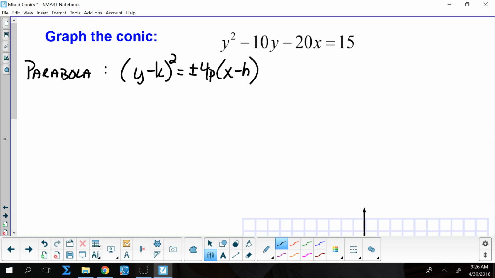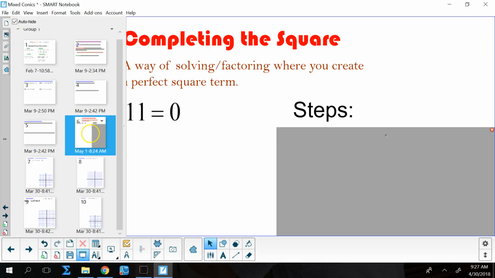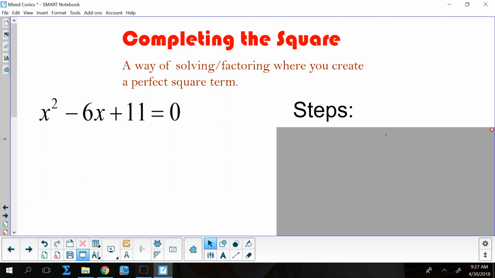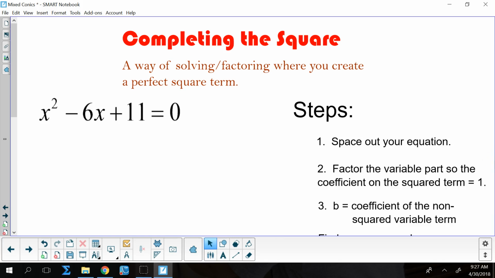So what we need to do then is take this equation and make it look like the standard form. So I'm going to refresh our memories here on completing the square. We said on Friday that when we're completing the square, the first thing we do is space out our equation. Then we factor the variable part so that the coefficient on the squared term is 1.